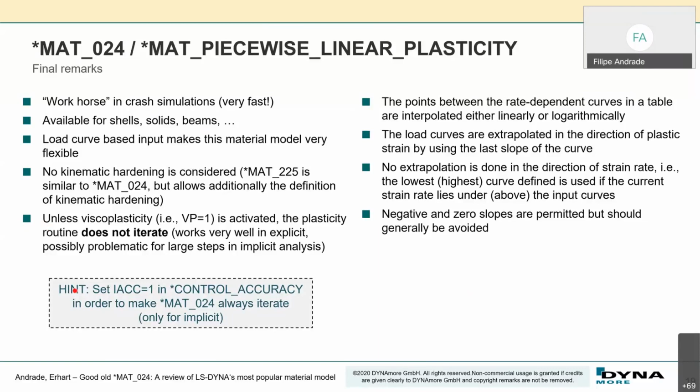So a hint for you, in case you want to do this, you can set this flag IACC to 1 in control accuracy, and this will make MET 24 always iterate. It doesn't matter if you have viscoplasticity or not. But this is only valid for implicit analysis. Something I would recommend for that case.